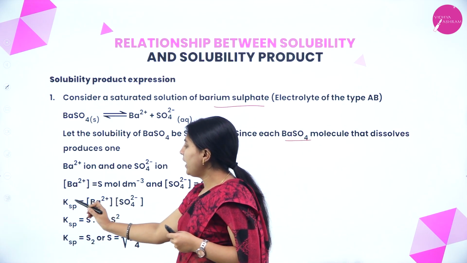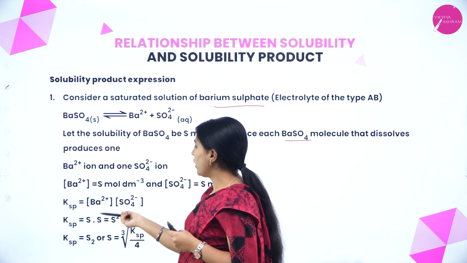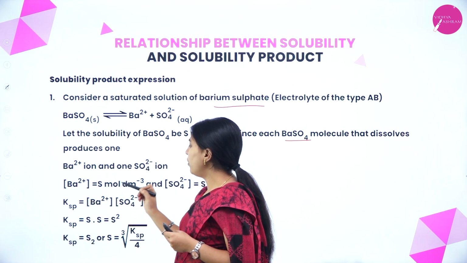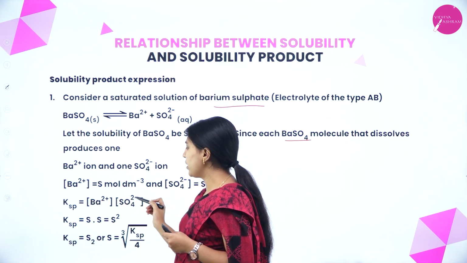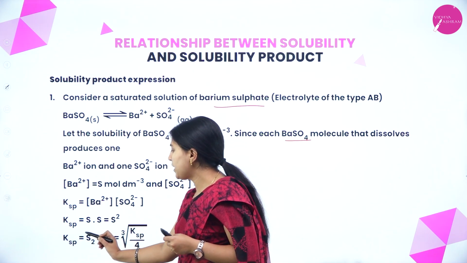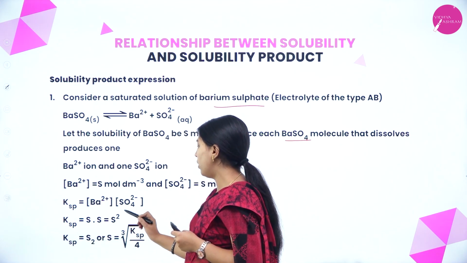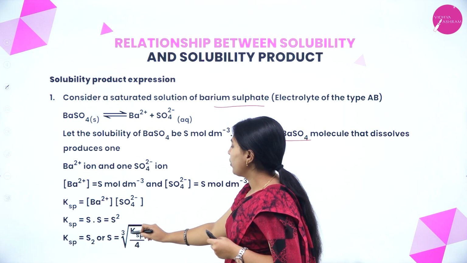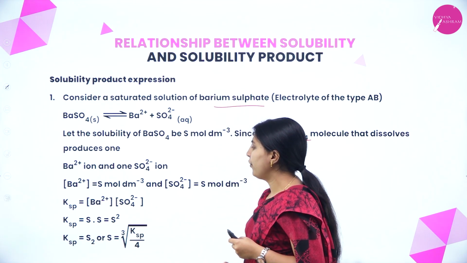Obviously Ksp, that is the solubility product, will be the concentration of barium 2+ into the concentration of sulfate. So S into S will be S square, Ksp will be equal to S square, or S will be equal to the square root of Ksp.